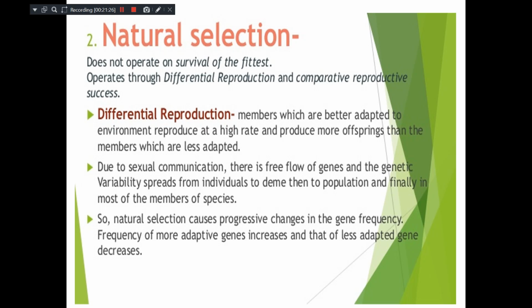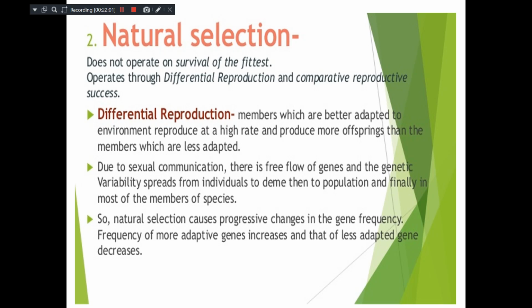As a result, they can produce more offspring than the members which are less adapted. That means the members better adapted to the environment or nature have more reproductive success compared to the organisms which are less adapted. This is what you call differential reproduction.